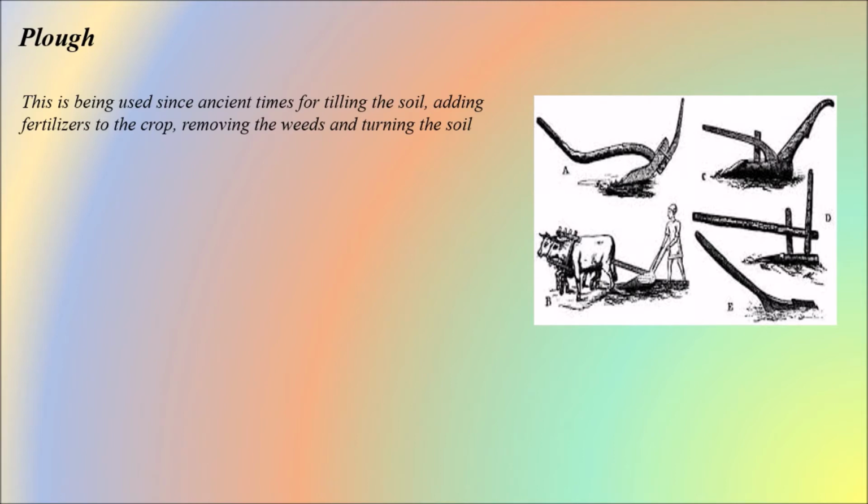This tool has been used since ancient times for tilling the soil, adding fertilizers to the crop, removing weeds and turning the soil, like getting dry soil loosened and turned.